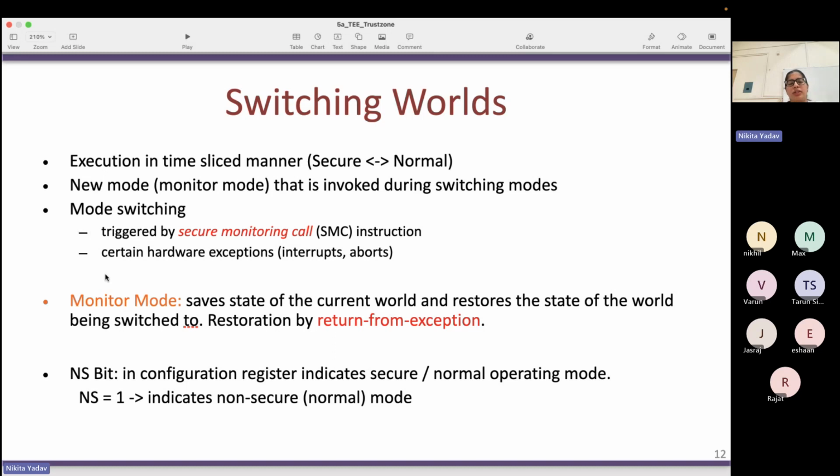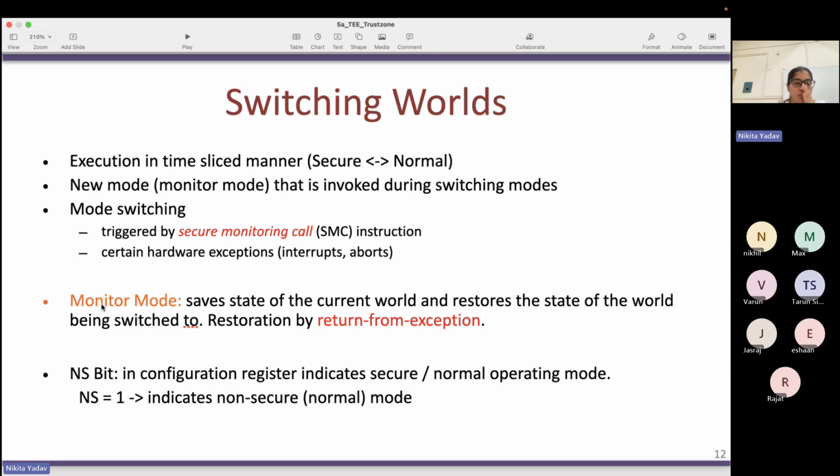And when it has to return back to the user mode, it is going to restore the context of the process which was running. Similarly here, the monitor is going to save the state of the current world, and it is going to restore the state of the world being switched to. And this restoration is done by return from exception.